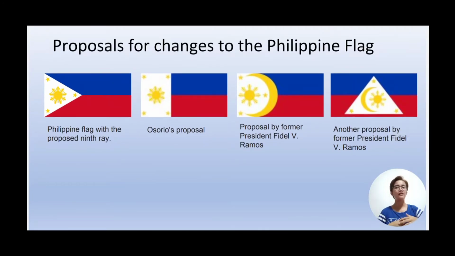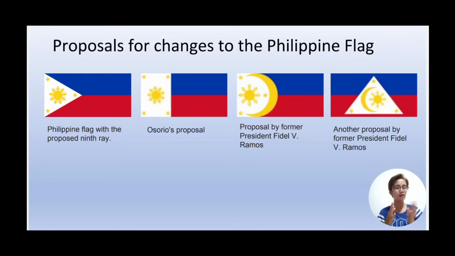So there are different proposals for changes to the Philippine flag. So the first one is the Philippine flag with the proposed 9 rays. Okay? So as you can observe, the first one, kapareho lang siya og design sa atoang flag nga ginagamit karon, the one that Emilio Aguinaldo designed. Okay?